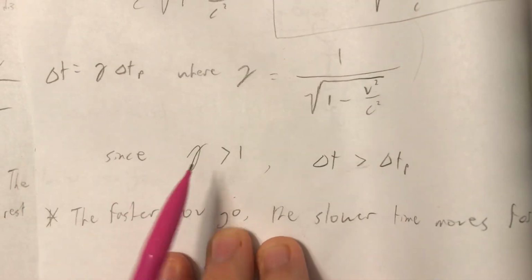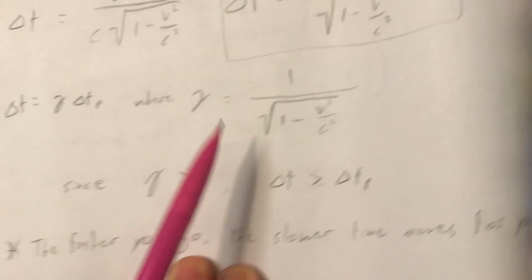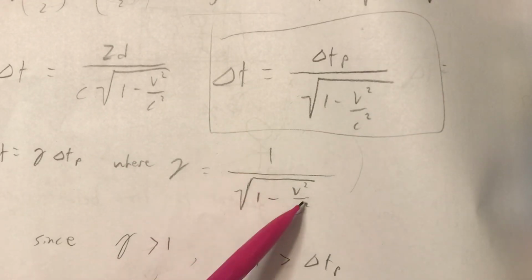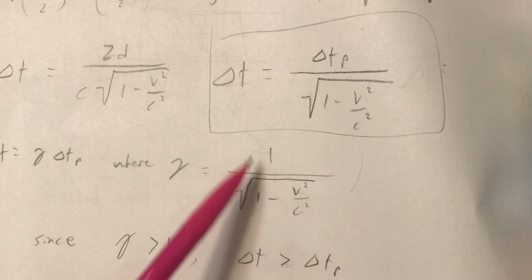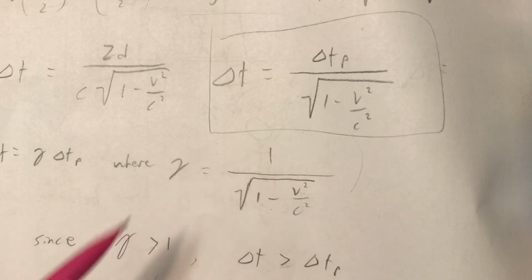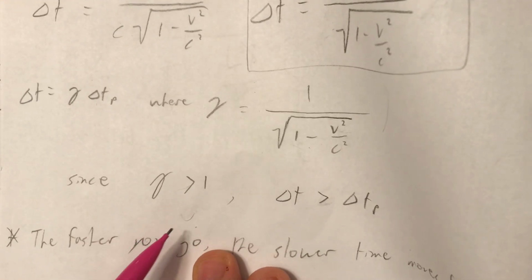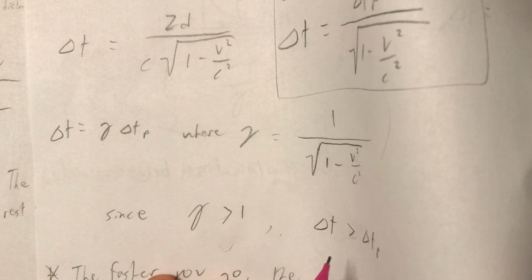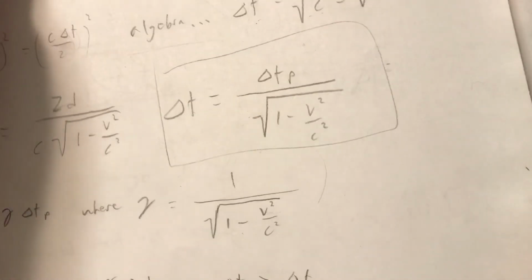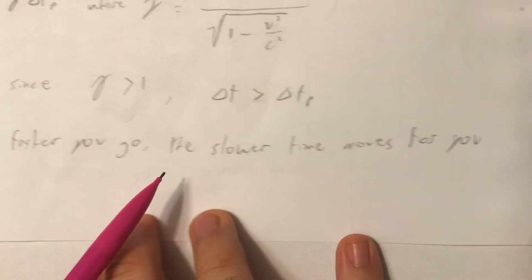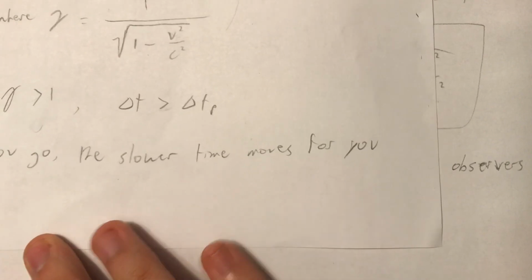Now, gamma is always going to be greater than 1, because no matter what v is, we're going to get 1 divided by a smaller number. That means delta t is always going to be greater than proper time. This lets us know that the faster you go, the slower time moves for you.